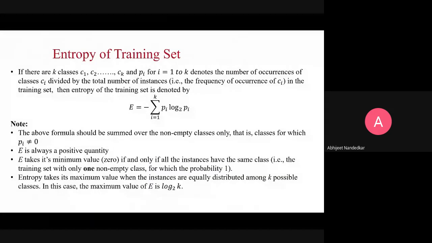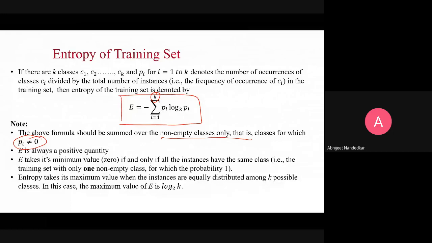Now, if we have a training data set which is divided into k groups, then the entropy calculation is like this. The above formula should be summed over non-empty classes, that is, classes for which probability is not equal to 0. So the entropy is always a positive quantity.